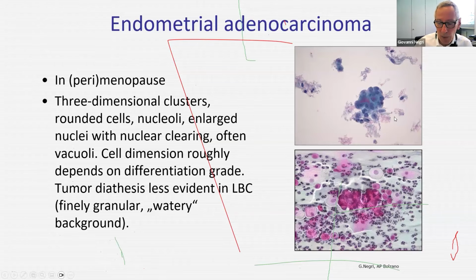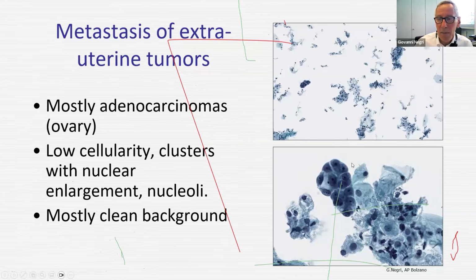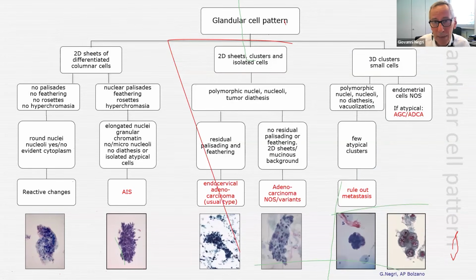So a typical group of cells, even more evident in metastasis from extrauterine tumors, for example in ovarian cancer, high-grade serous cancer with metastasis in the cervix, and you see three-dimensional groups of highly atypical cells with very evident nucleoli on a typically clean background.